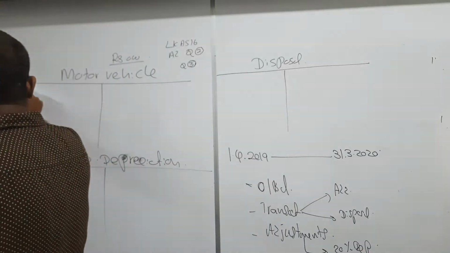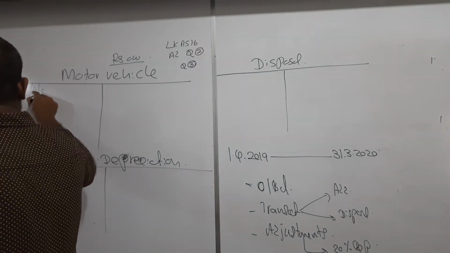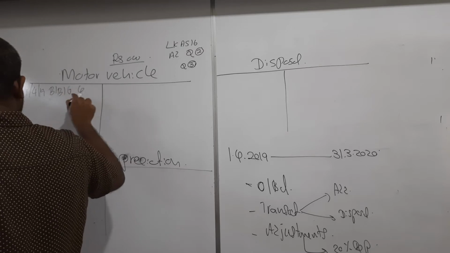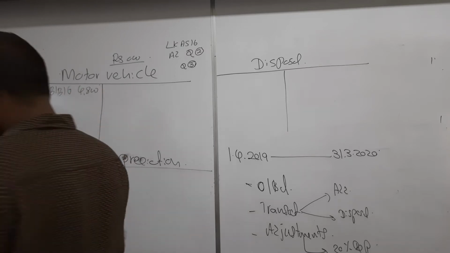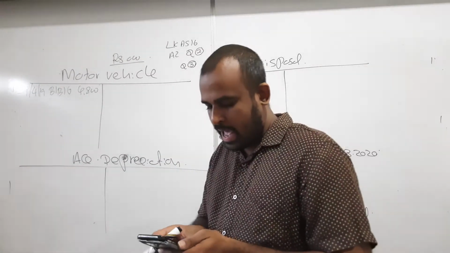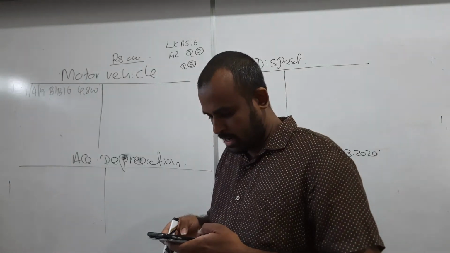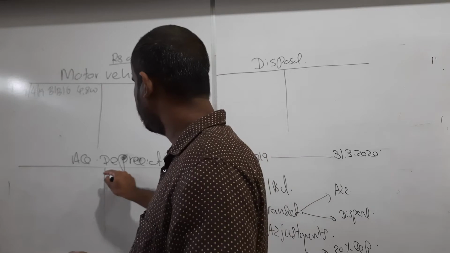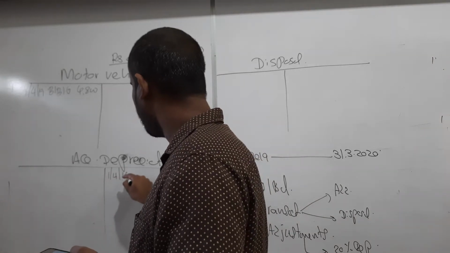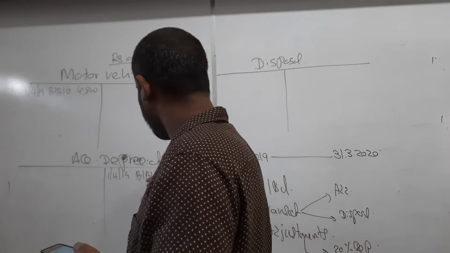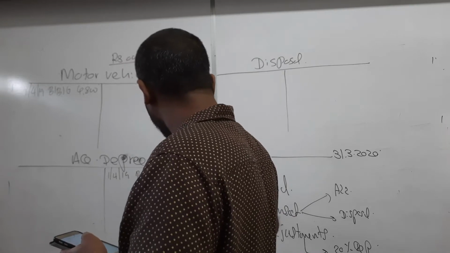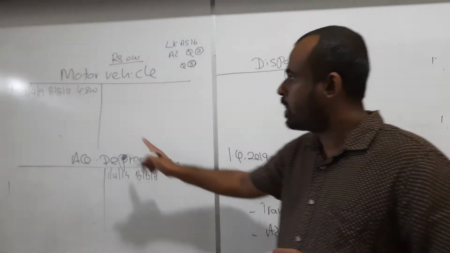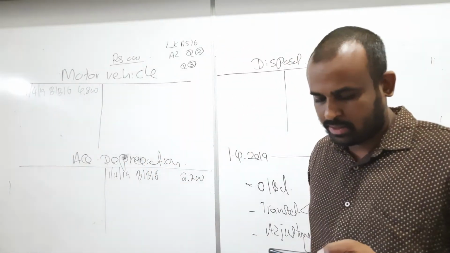Therefore, on 1st April 2019, balance brought forward 4,800,000. And the accumulated depreciation account has a balance of 2,200,000. It has a credit balance. We have done with the first step, recording the opening balances.